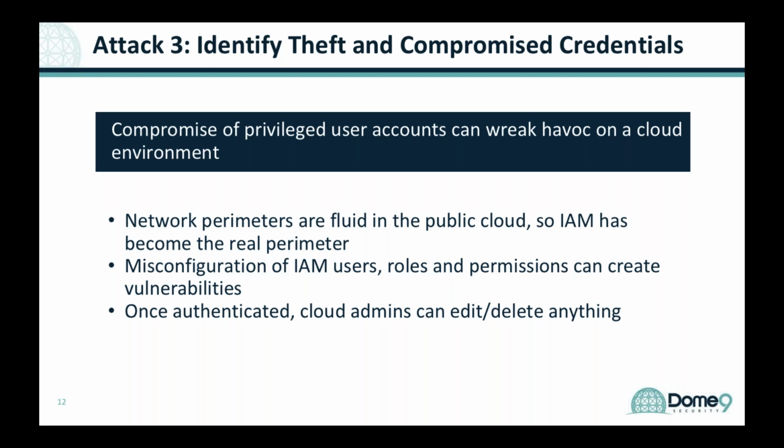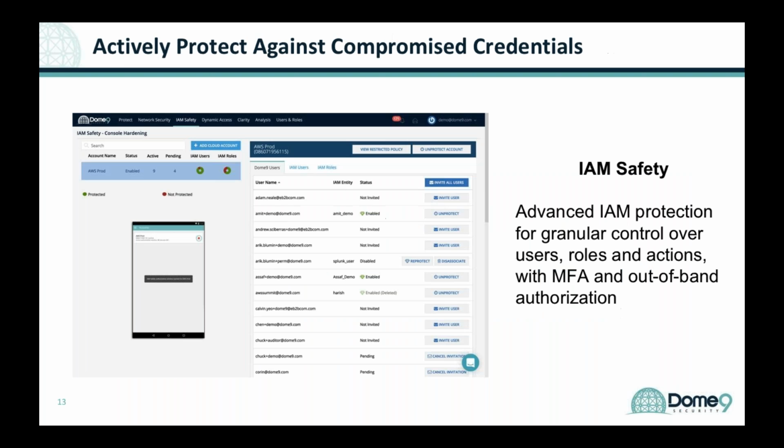So the question becomes, how do we add a backstop and an extra layer of protection on top of whatever it is that you're doing for IAM, just to really make sure that we have things as locked down as possible.